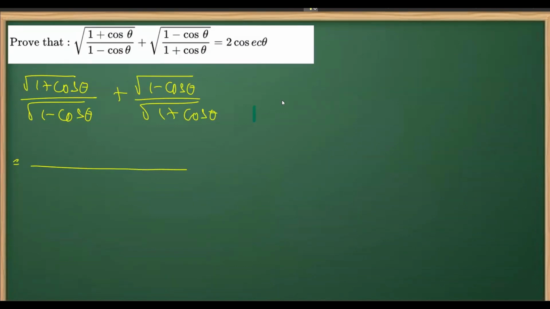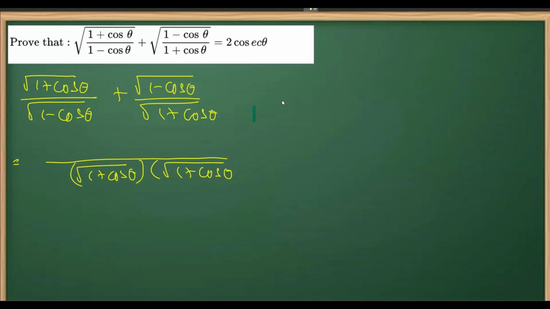The LCM will be the product of the two denominators, that is, one is plus, other is minus: 1 minus cos into 1 plus cos.